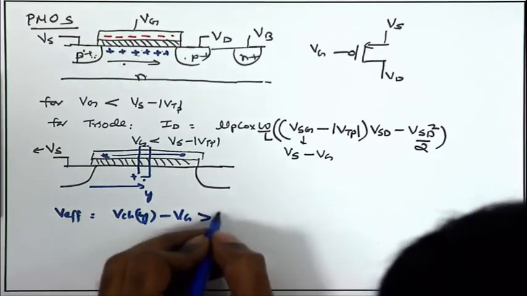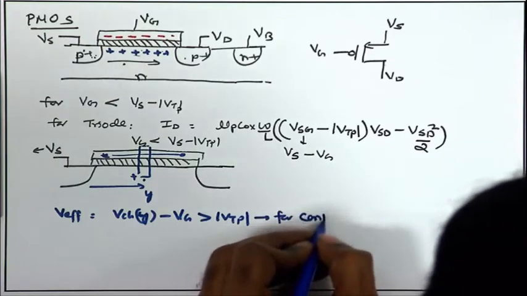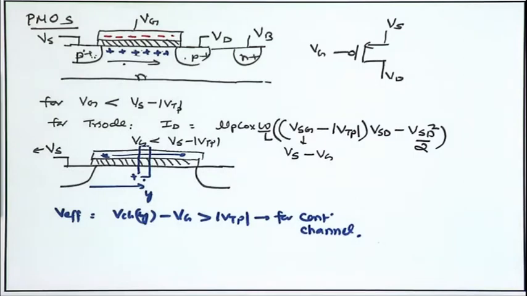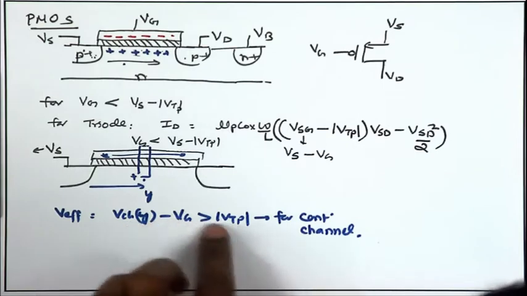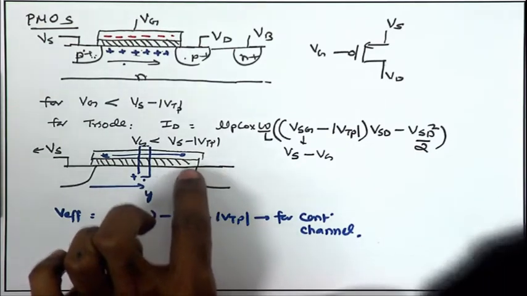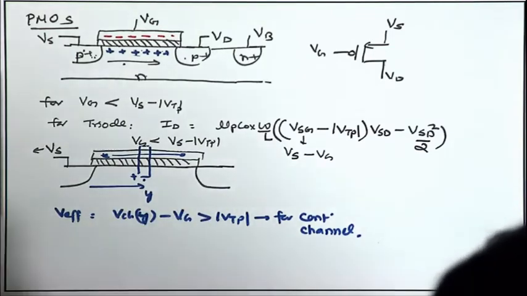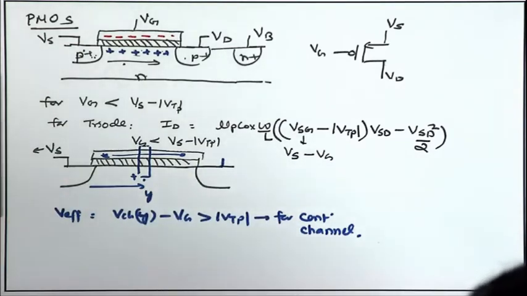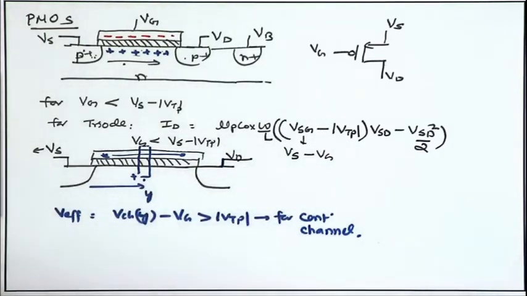The moment we have a condition where this equation is violated for any y, the channel is going to be reduced to 0, and the whole charge that you are trying to build is going to reduce to 0. So, what happens if we start reducing the drain terminal with respect to the source? Initially assume that the drain potential Vd was close to the source potential, but now you start reducing it further and further.